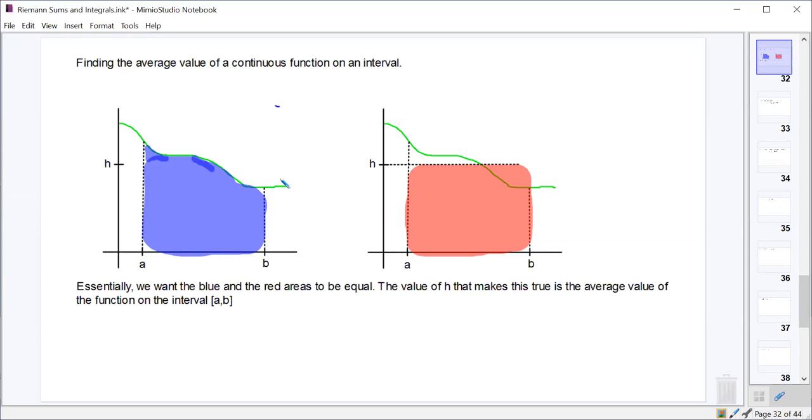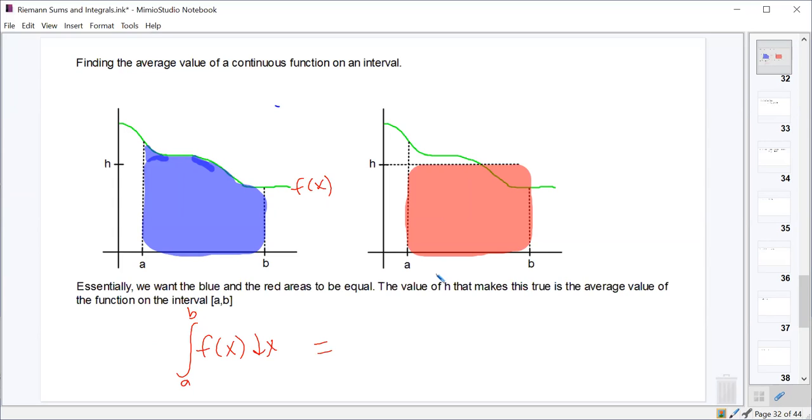Okay, cool. So on the left-hand side, the integral, the area underneath the curve from A to B, suppose this is just the function f of x. This should just be the integral from A to B of f of x. That's what the blue area is.